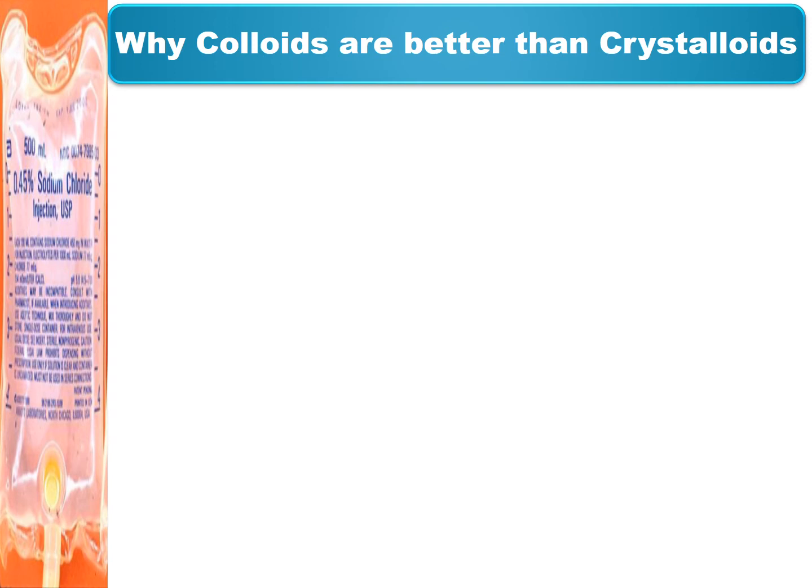However, the former carries a risk of transmitting serum hepatitis, AIDS, etc. And the latter is expensive. Therefore, synthetic colloids are more often used. The desirable properties of the plasma expanders we will discuss later in detail. Before that, first we have to search for the answer to this: why are colloids better than crystalloids?